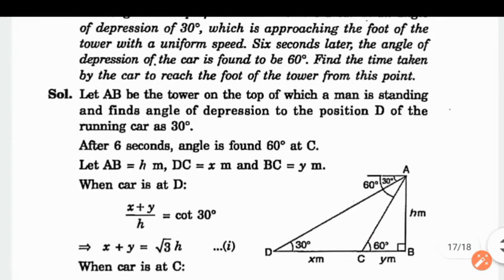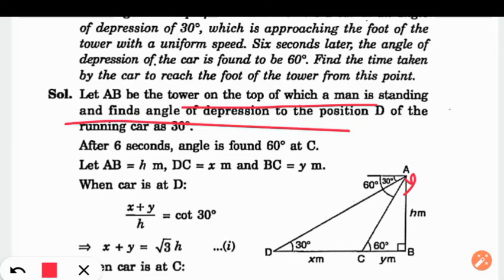You can see the figure. AB is the tower, and on the top of which a man is standing. That means, at the point A, a man is there, and finds the angle of depression to the position D of the running car as 30 degree. Okay.